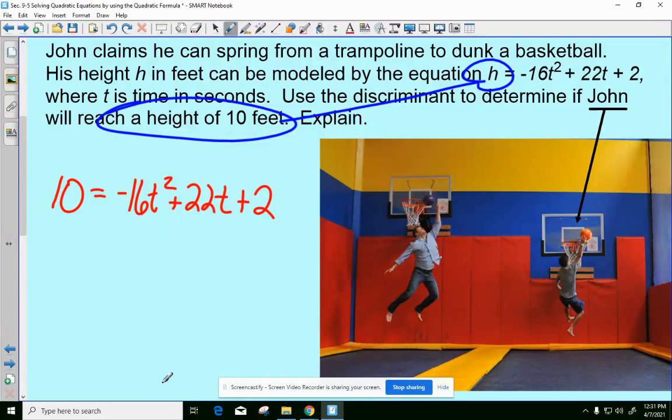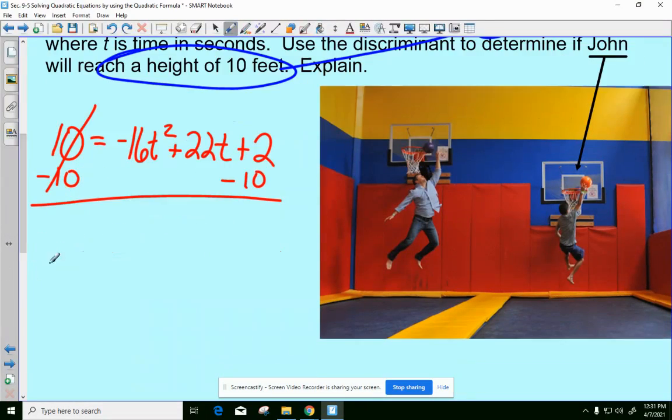Now, I can't leave it set equal to 10. I got to set it equal to 0, which means I got to take the 10 and move it. Where do I put it? Put it with the 2. So if you move the 10 over here, now you're subtracting it, so it's not going to be a 12, right? It's actually going to be a negative 8.